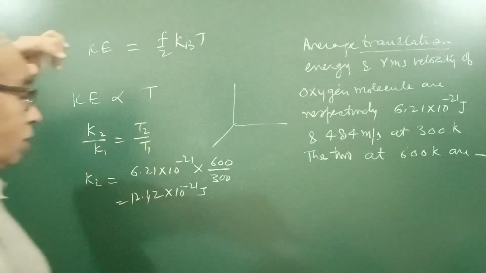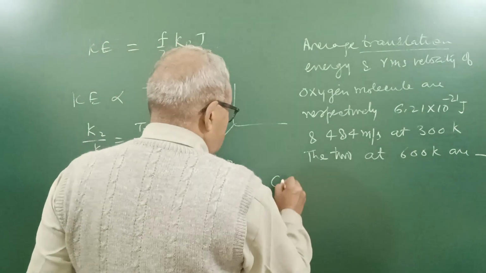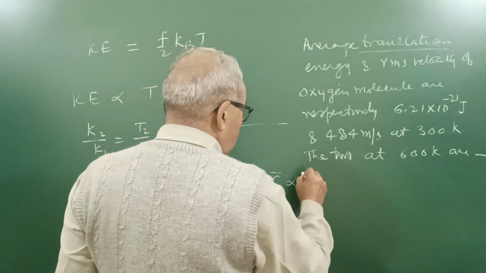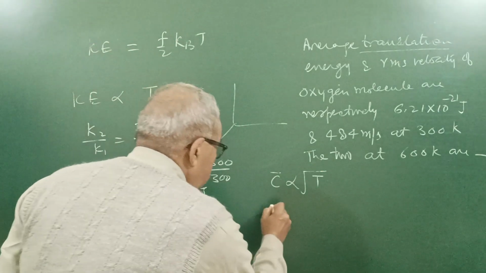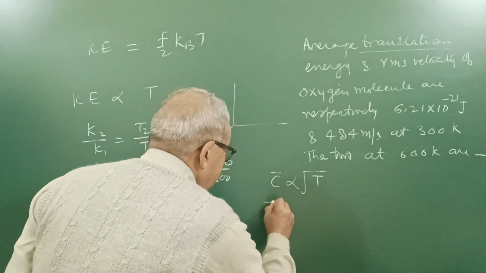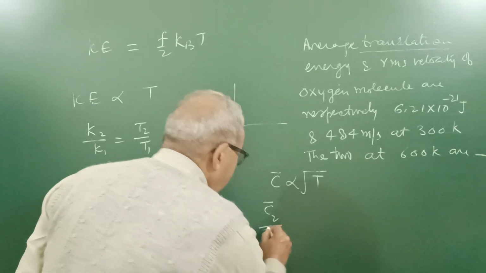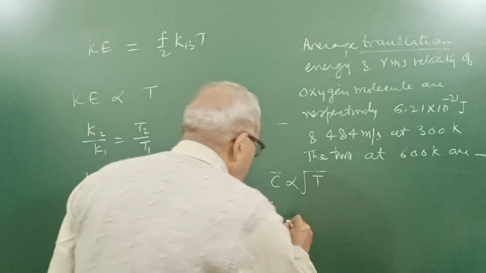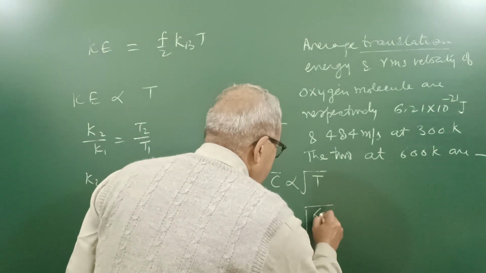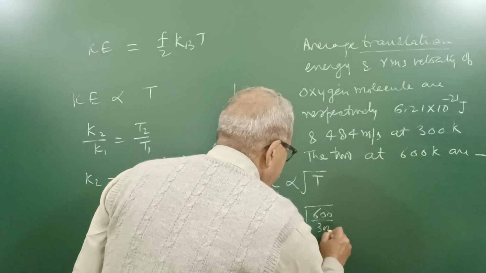And velocity also: C bar is proportional to under root T. So C2 bar upon C1 bar, I write C bar as C, is under root 600 upon 300.